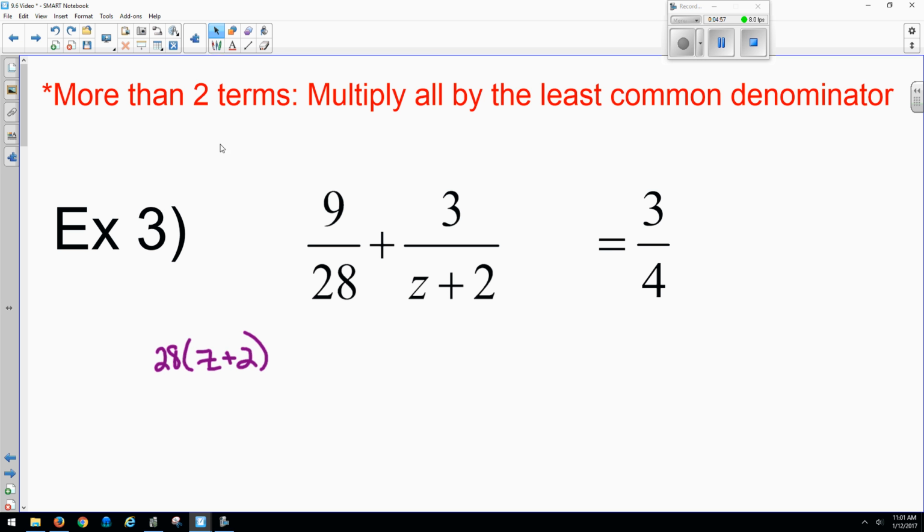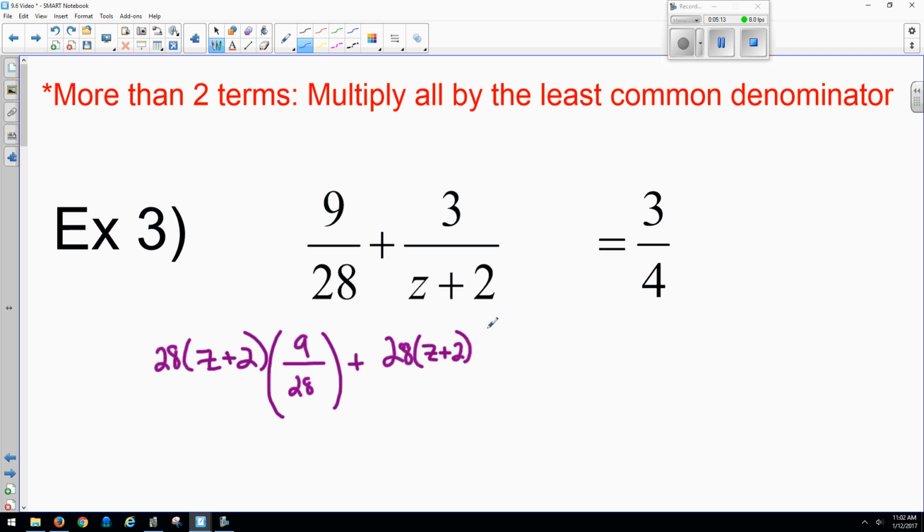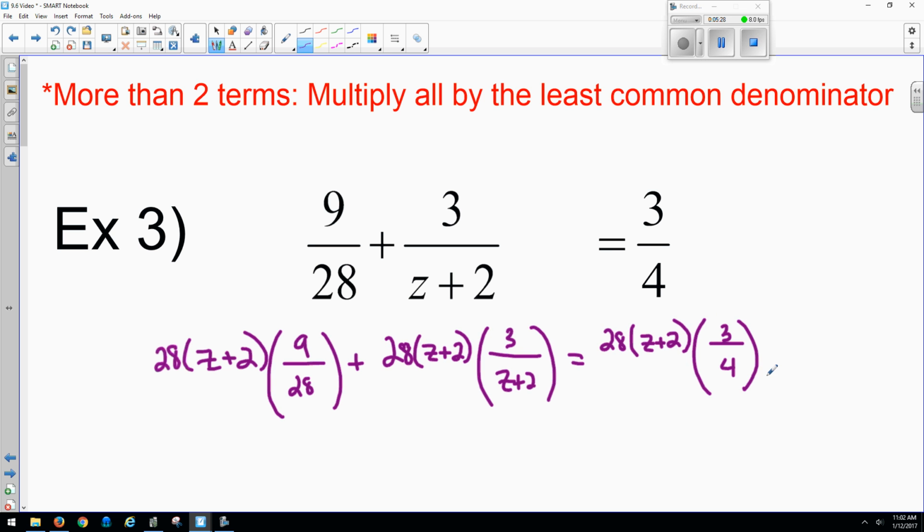I'm going to write all of this out. I'm going to rewrite this every single time. And I'm multiplying it by 3 over z plus 2. And I'm going to multiply this last term by the same thing. Because I'm multiplying every single term by the same thing, the equation remains equivalent, but you'll see what happens now.